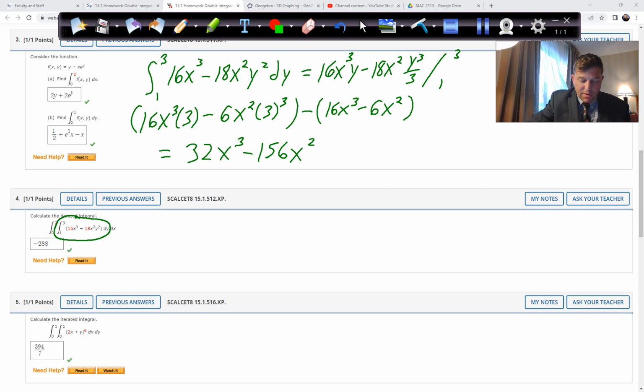But that is now going to be integrated again, so all of that green circled part will be replaced, and now we're doing the outer antiderivative from 0 to 2 of dx.